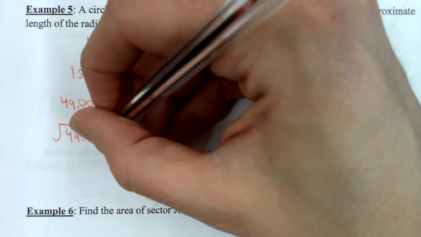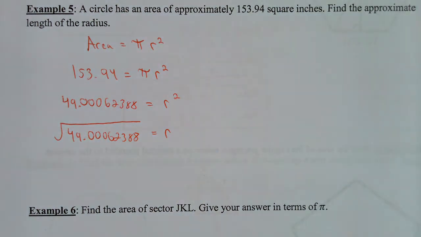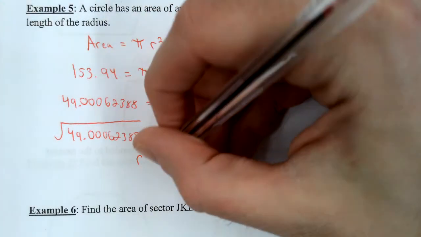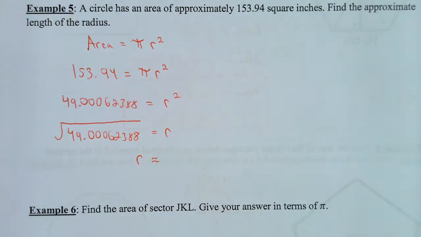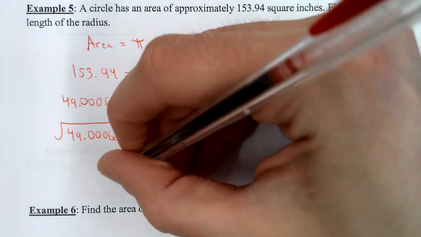And we only want the positive square root because it's a distance. So that's going to give you 7.0000 a million zeros, 44563. So I'm just going to say R is approximately 7 inches.